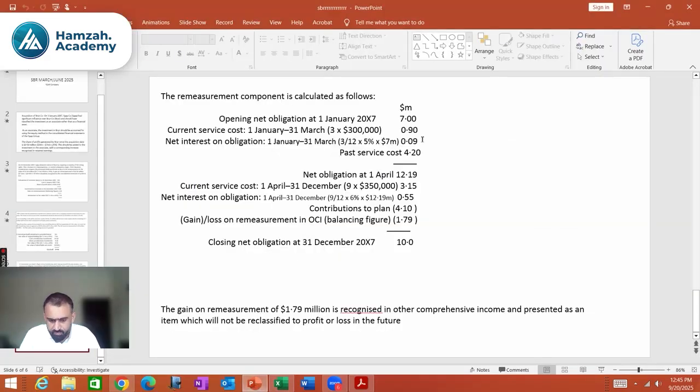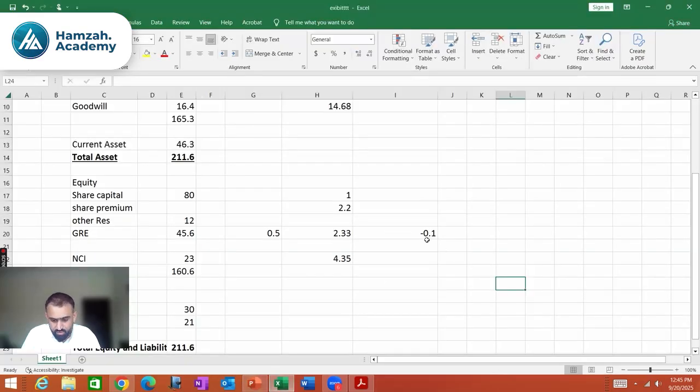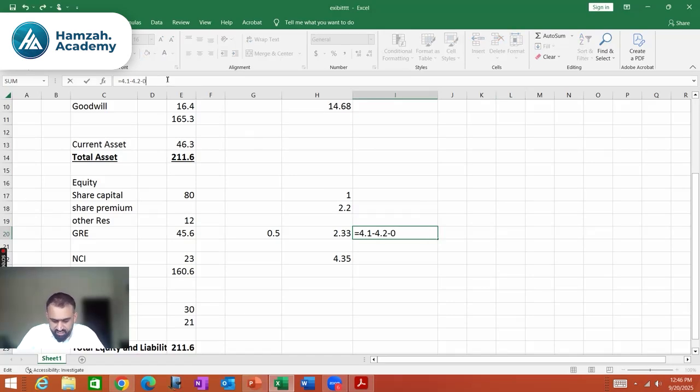Second thing is a current service cost in the first 3 months, which is 0.9. It will be recorded by debiting the group retained earning.